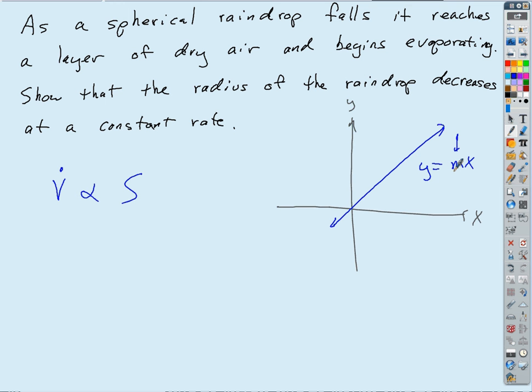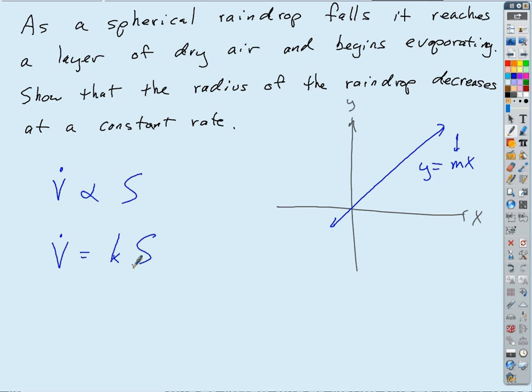So you've got to have this constant in there. And typically, we don't call it an m. We call it an m in this context because we're talking about a line. But typically, we give it the title k for the constant of proportionality. So if we want to write this as an equation, we would just say that V equals kS, where k is some positive constant.